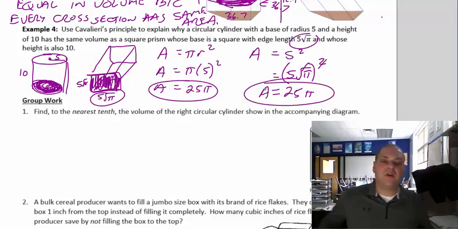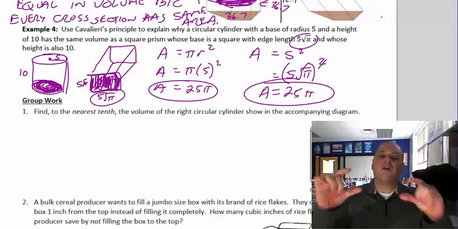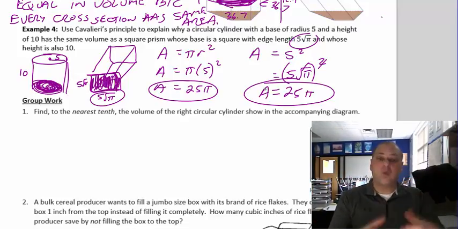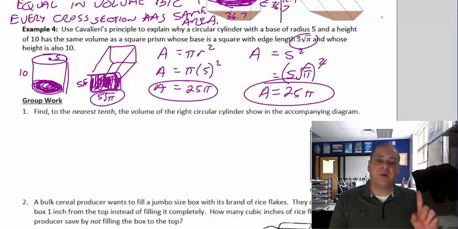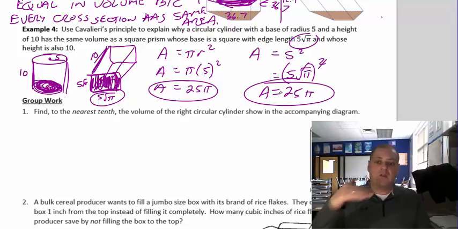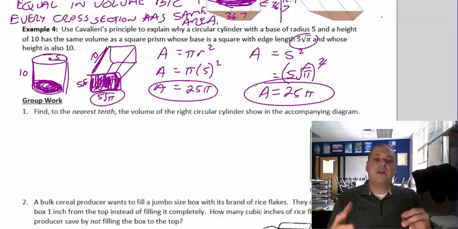So look what happens here. We did the area of the circular base, and that came out to be 25 pi. We did the area of the square base, and that came out to be 25 pi. Based on Cavaliere's principle, as long as the heights are both 10, which it did say, prism or cylinder, doesn't matter, as long as the bases have the same area, then the volumes will be equal.